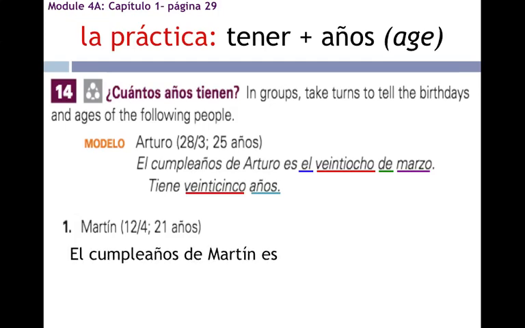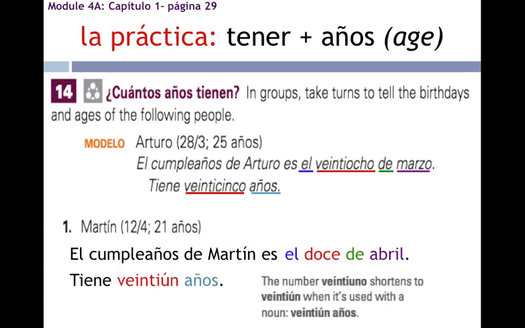El cumpleaños de Martín es el 12 de abril. ¿Cuántos años tiene Martín? Tiene 21 años. I want you to notice that the number 21 shortens to 21 when it's used with a noun, 21 años. Uno does the same thing.